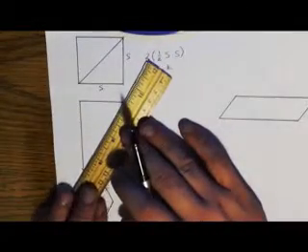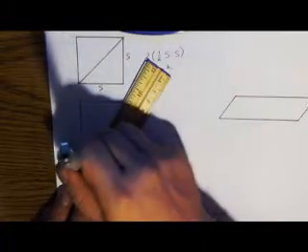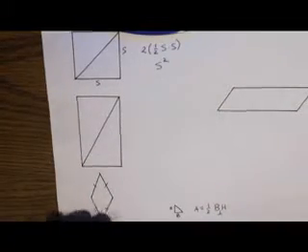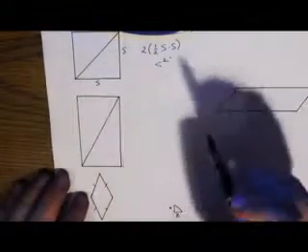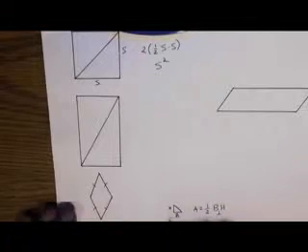Not much different for a rectangle. We again just draw a line connecting the two vertices, and we again have two congruent triangles. We know that by side-side-side, or side-angle-side. Any of the versions of congruency that we've done before are valid here because we know everything about these triangles.